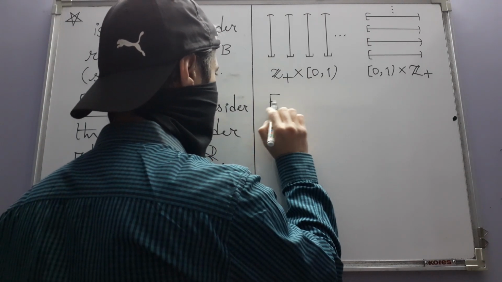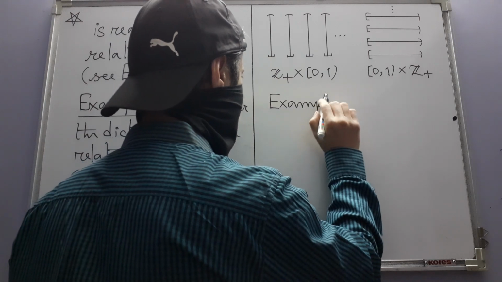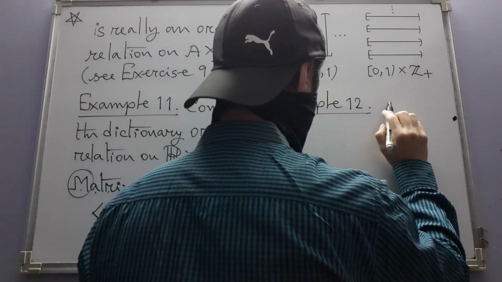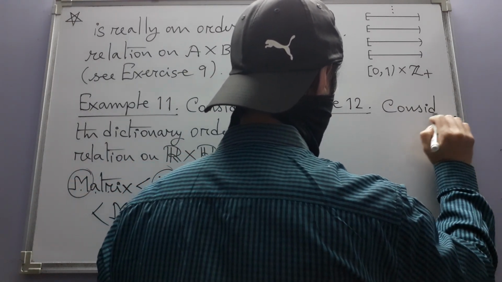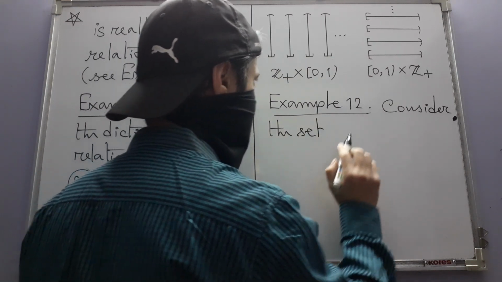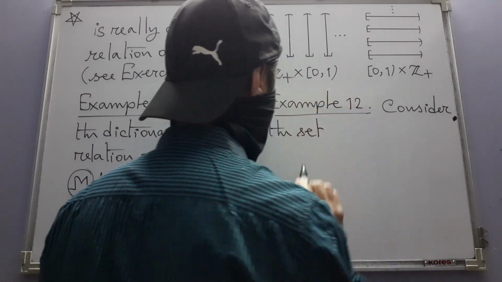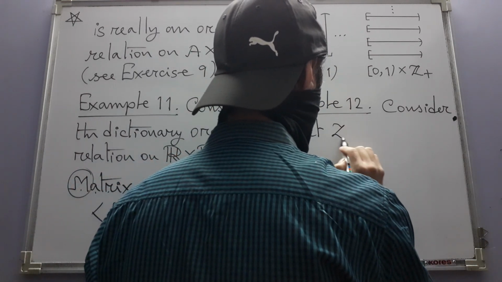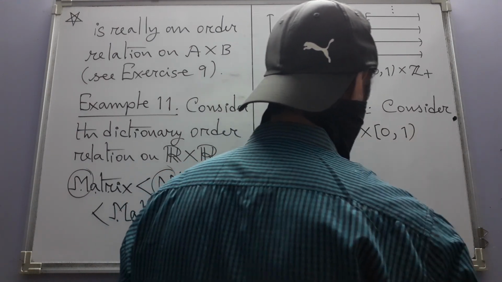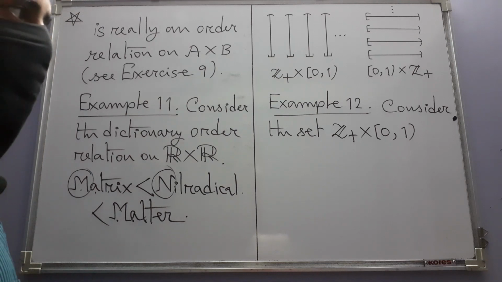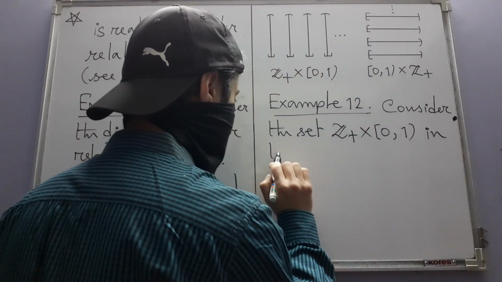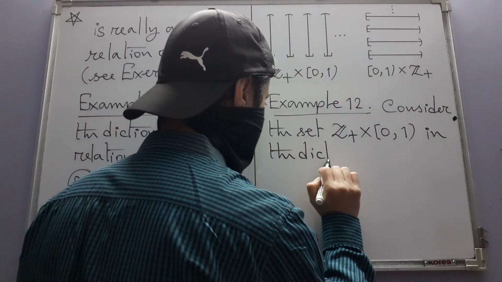Example 12. Consider this set, Z plus times the half open interval closed 0 open 1, in the dictionary order.